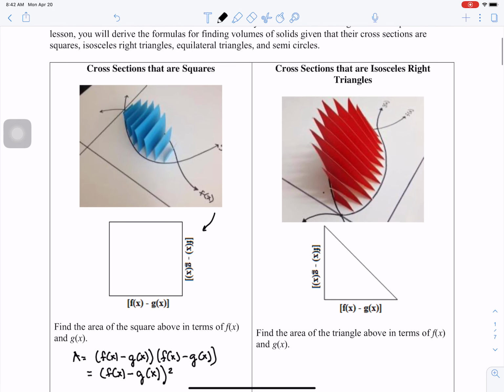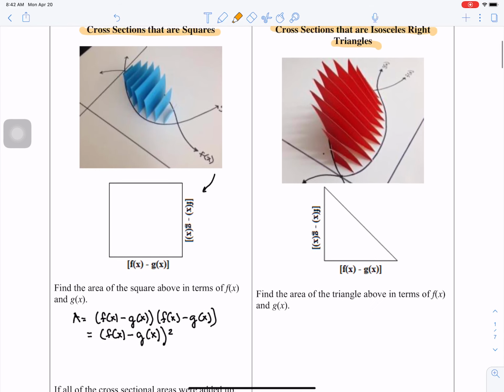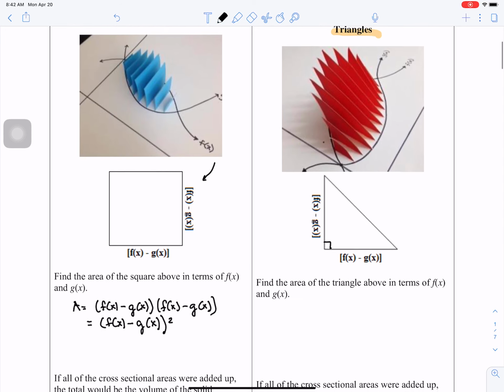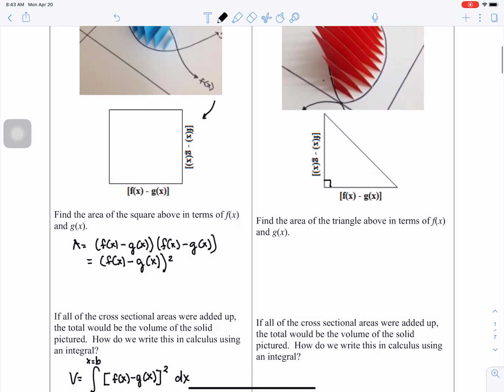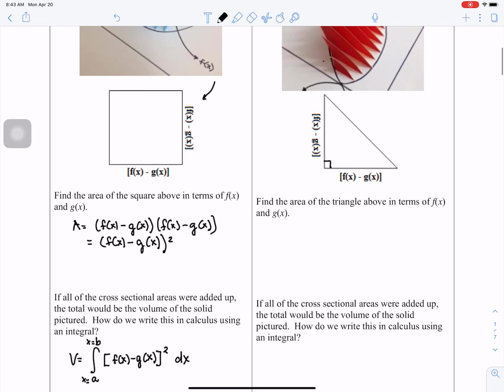When my cross sections are isosceles right triangles, we know it's a right angle triangle, so there's 90 degrees here. If the cross sections being formed were isosceles right triangles, we need to find the area of one of those triangles.